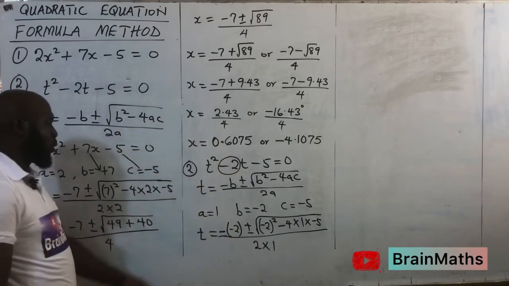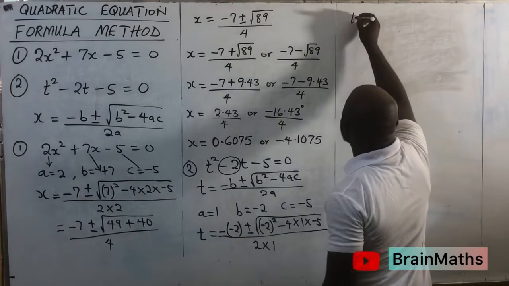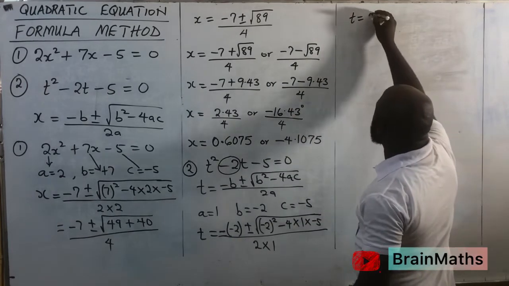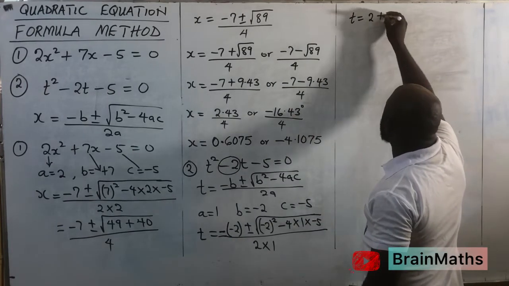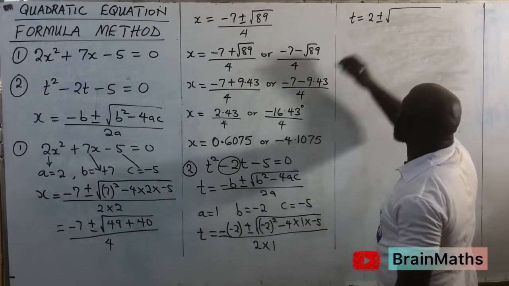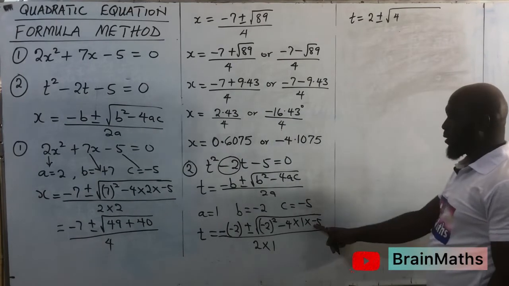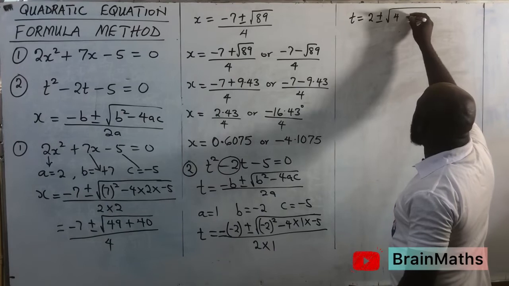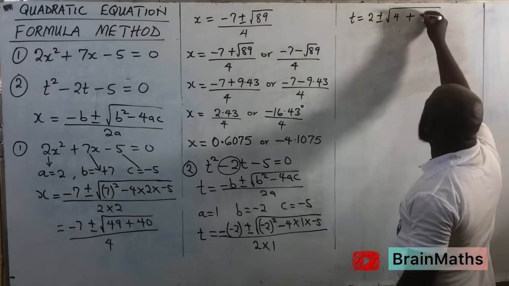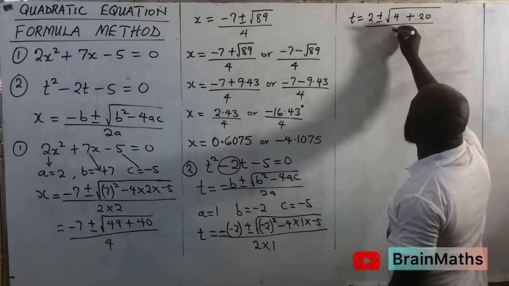So let's try to simplify this. t is going to give us minus times minus positive, that is 2, plus or minus square root of -2 times -2, that is another 4, positive. Minus times minus is going to give us another positive, 4 times 1, 4, 4 times 5, 20, all divided by 2 times 1, 2.